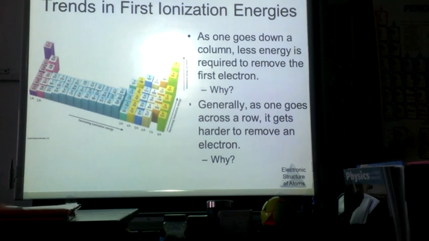Generally, as we go across a row or a period, it's going to become harder to remove an electron. So ionization energy as we move from left to right should increase, and that's because I'm going from metals over here, which typically form cations, to nonmetals, which are seeking electrons to fill that outer shell, and things that really ultimately want an electron.